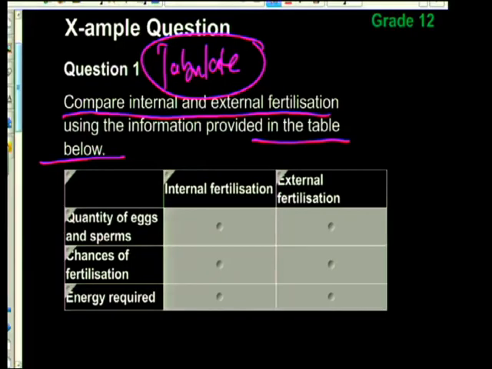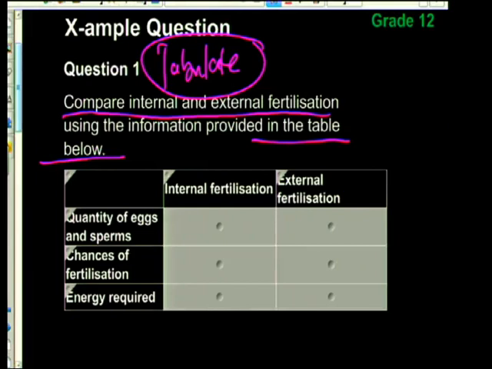So in this exam or whatever test it is, they've given you a table. This question could have been asked differently. It could have just said tabulate, then you would have to draw the table. Here it's given. In this particular case, they would have had 1.1.1 and 1.1.2, and you just have to list them and answer the questions.